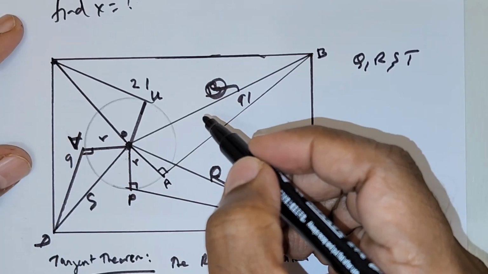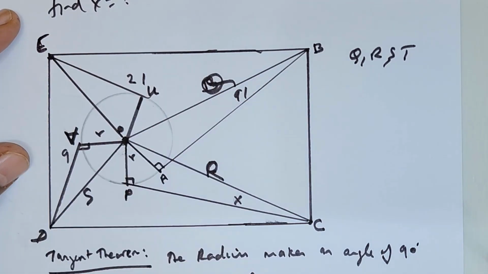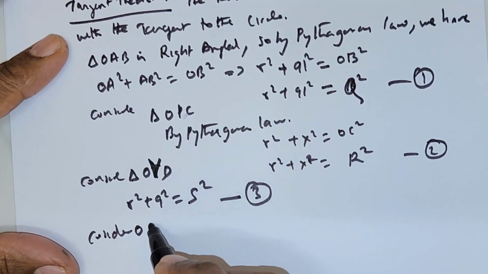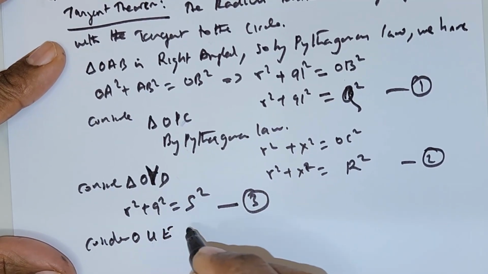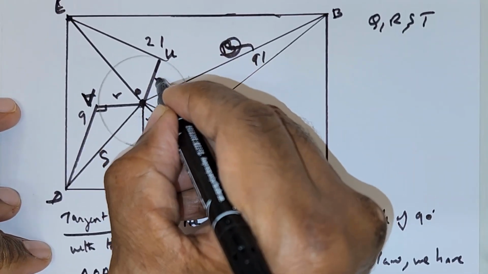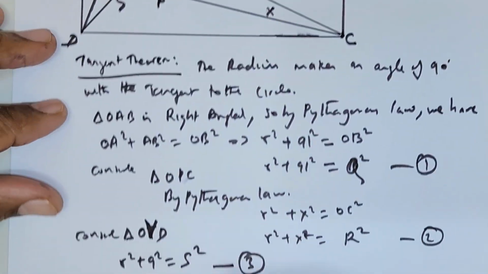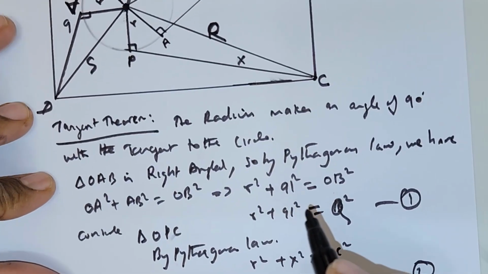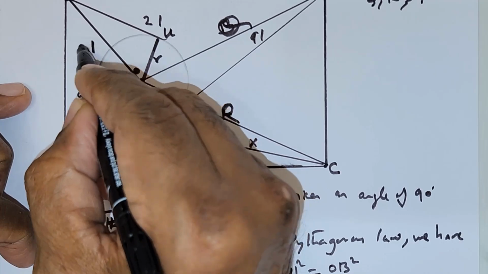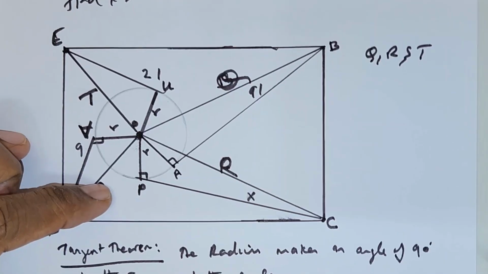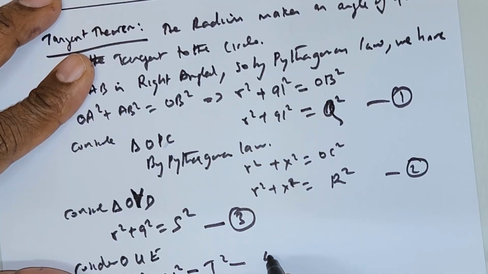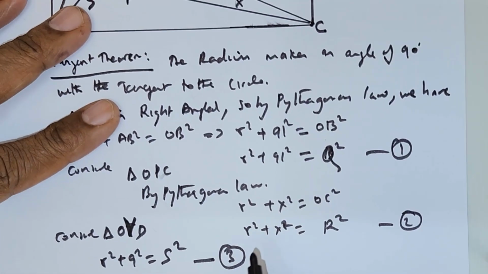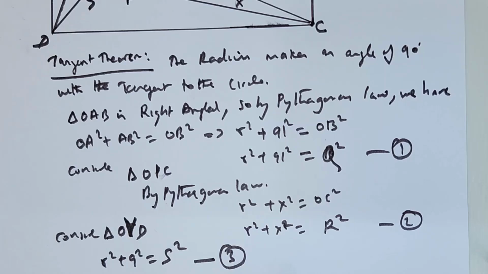Connect this, and I'll take this as E. So consider OUE. This is going to be R, and this distance is 21. So R squared plus 21 squared is equal to T squared. We will take this as T. So this is equation 4. So 4 equations have been obtained here.